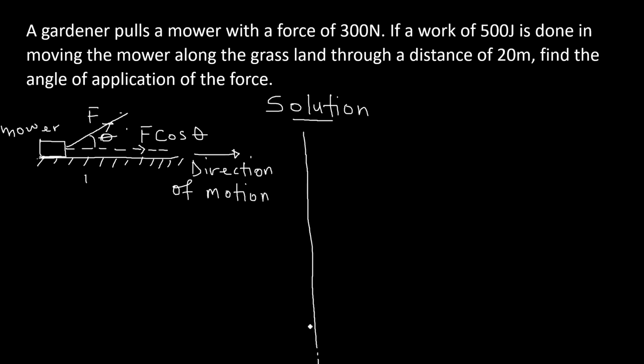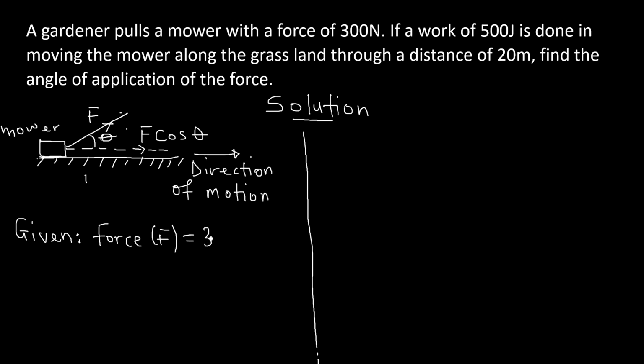So let's first of all look at the values or parameters that we have already been given in the question. We've been given the applied force. So the force, which is F, in the question is 300 newtons. That we already know from the question.